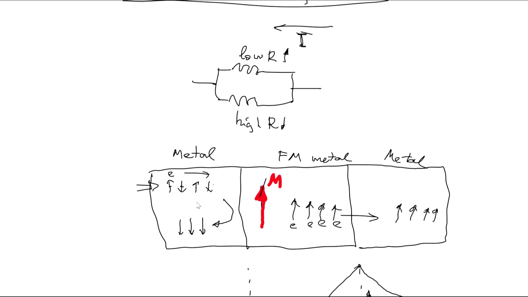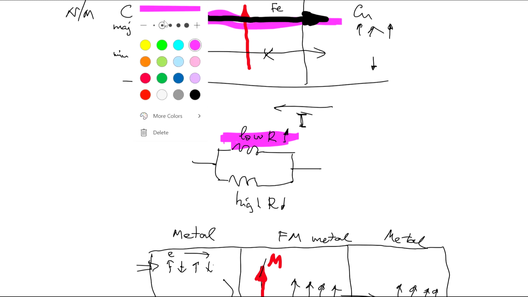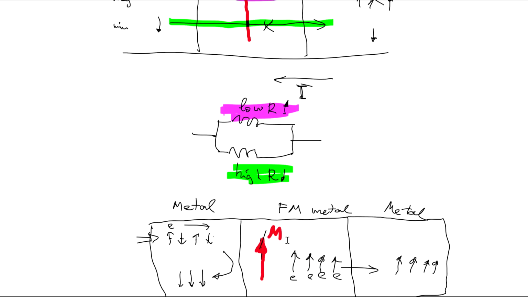If you have electrons misaligned with magnetization, they are reflected. So if you have electrons that are aligned with a magnet, we have low resistance for this channel. If you have electrons that are misaligned, that point in the opposite direction, we have high resistance for this channel.